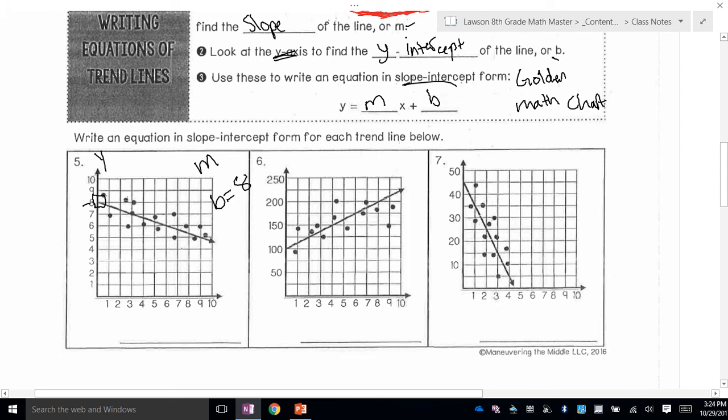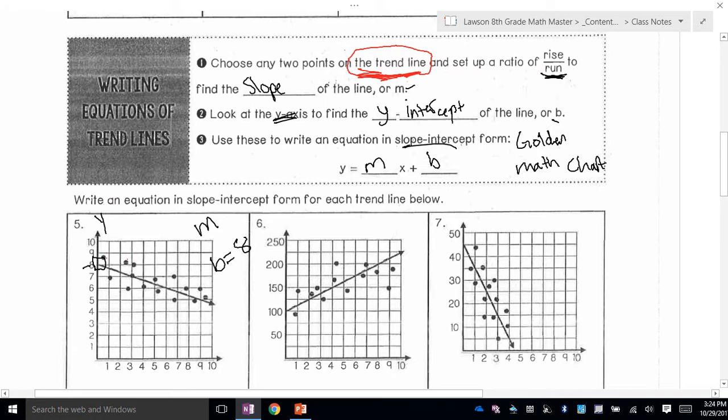Very simple. Now I need to pick 2 solid points. Remember, I made you box in or highlight where it says on the trend line up here. So we need to make sure that we find 2 points that are on the trend line. They might not be given to us, but that's okay. We've got a solid point here that's crossing, and we have a solid point down here.